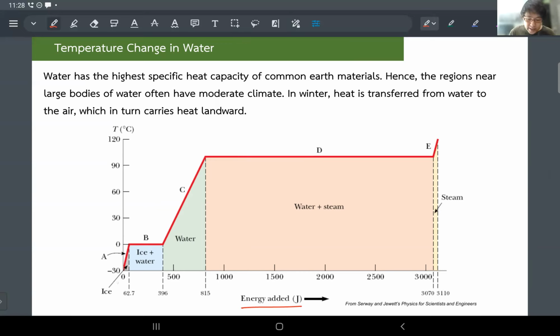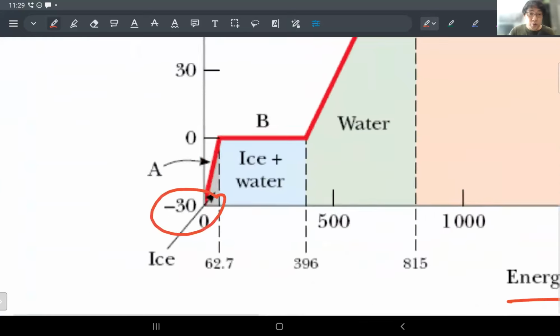Let's start from super frozen ice, deeply frozen at -30. When you start supplying energy to this -30 ice, the ice will start to rise in temperature, right? This portion is going to be mcΔT, and the c over here is c of ice.